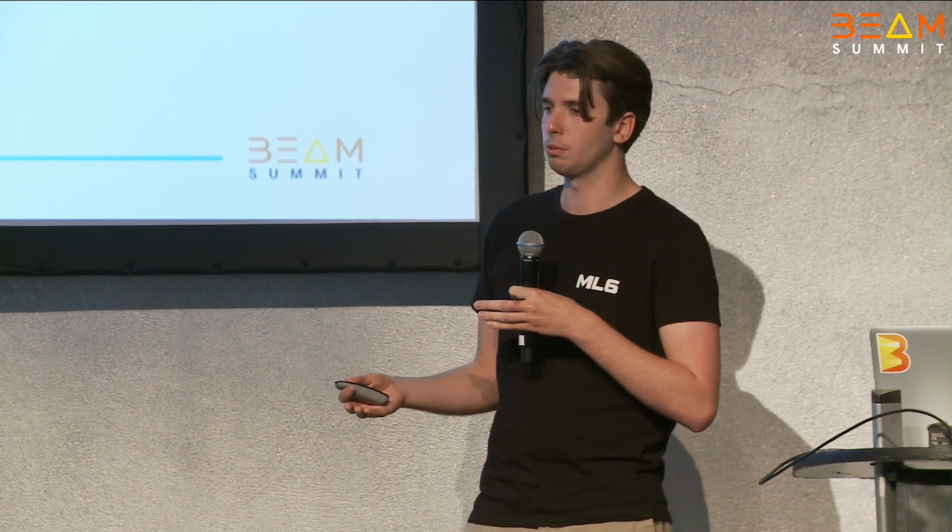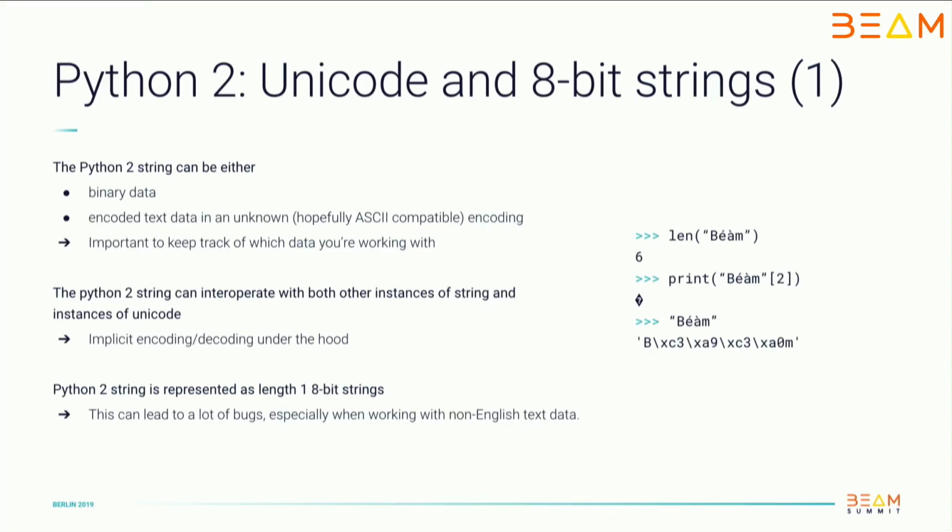Finally, a Python 2 string is represented as length 1 8-bit strings. If you're working in English, this isn't a big problem, but once you start working with non-English text data, this can give quite some issues. We can see this on the right side, where I took a string of the word beam with some added accents. If we take the length of this in Python 2, it returns 6 instead of the 4 that we would expect.